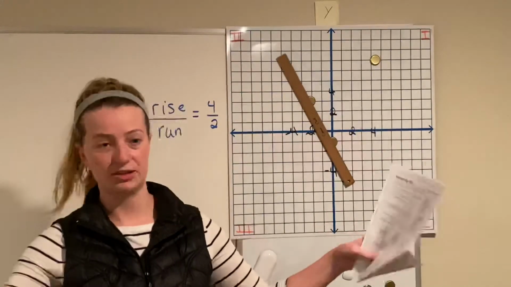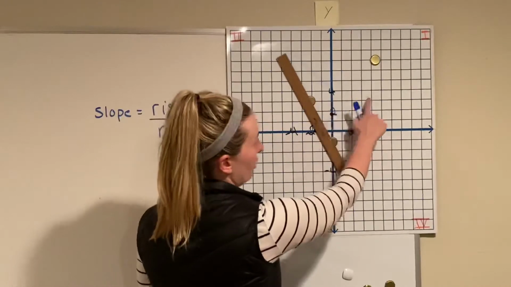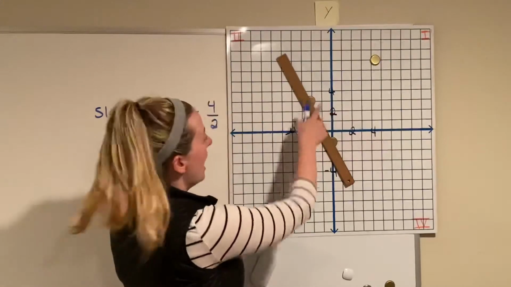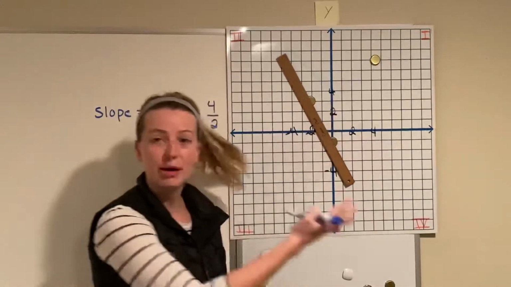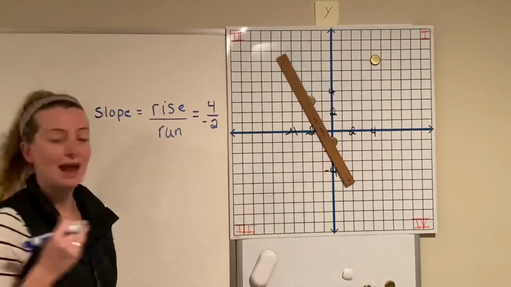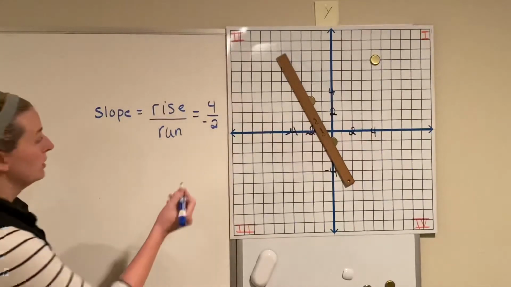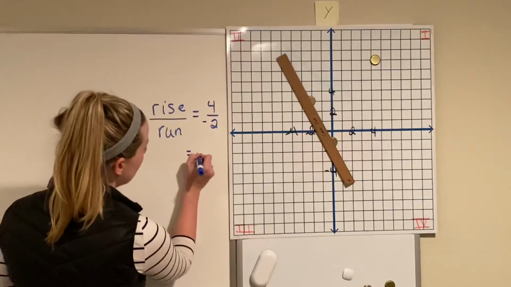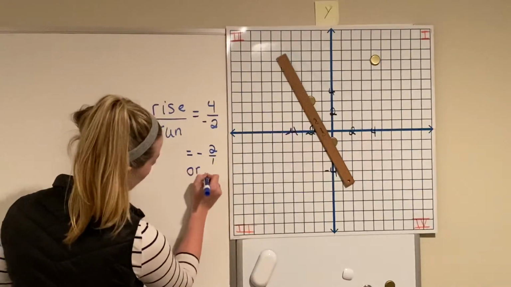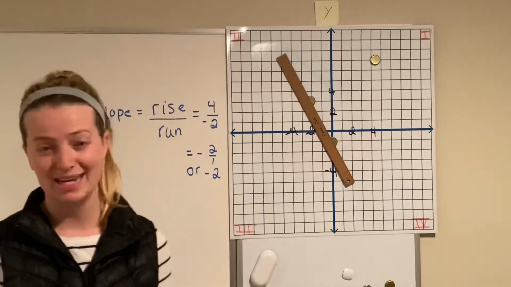So we're still on the horizontal, but did I go to the right or did I go to the left? Notice that I went 2 to the left. I was walking towards my negative numbers. Anytime I go towards the left, it's negative. So now my ratio is +4 over -2, which is going to reduce to -2 over 1, or just -2. So for example 1, my slope or the steepness of my line is -2.